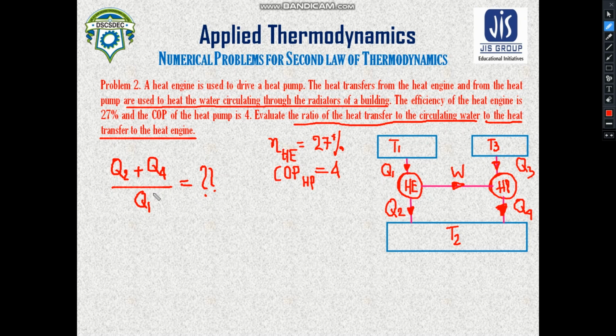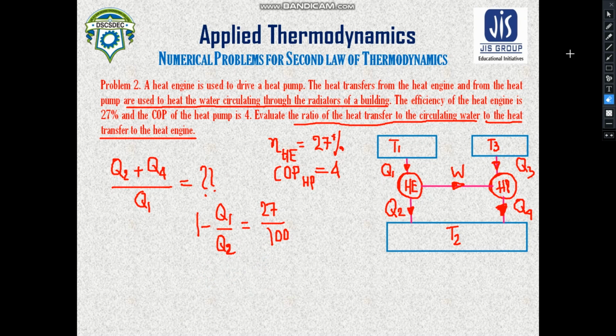So we know this efficiency can be written like this. We can write 1 minus Q1 by Q2 as 27 by 100. Again, we can write W by Q1 as 27 by 100. Okay, so if we solve these two equations, we'll get Q2 in terms of Q1, or I think this is not required at all.